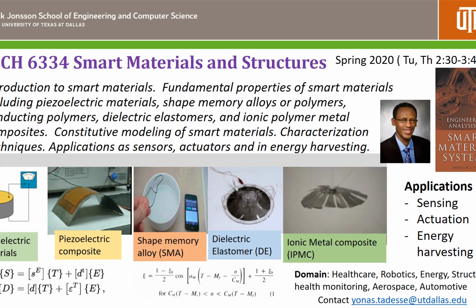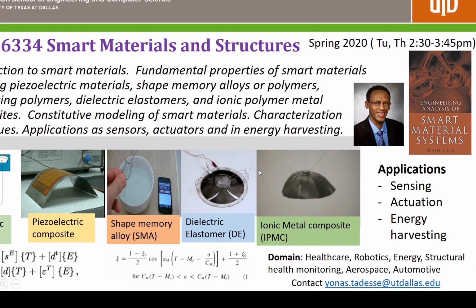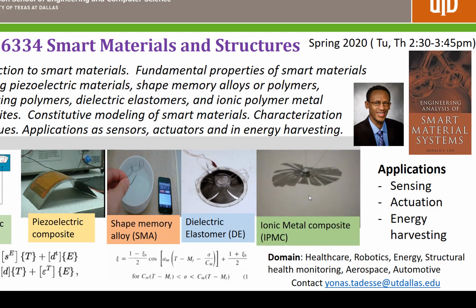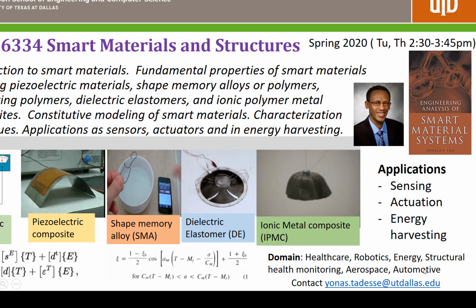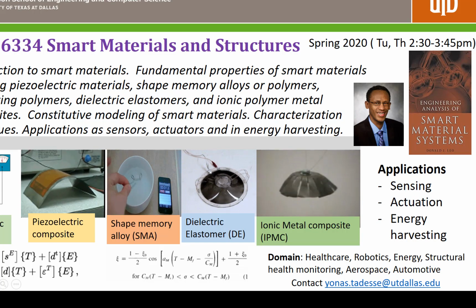Regarding application domain, it's used in healthcare, robotics, energy, defense, aerospace, and also in the auto industry. For all these materials, there are tons of applications. And we'll use this textbook by Don Leo for most of the understanding of this material along with homework. So I suggest reading this textbook. Okay, that's a brief introduction to smart materials for this class.